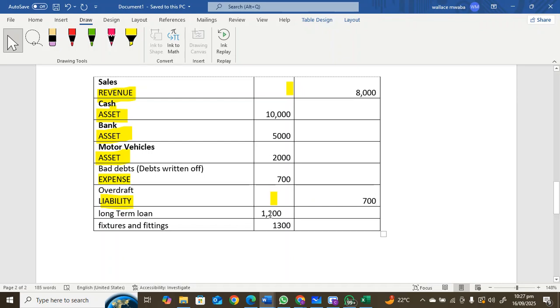Long-term loan or overdraft is a current liability. What's the difference between a current liability and a non-current liability?